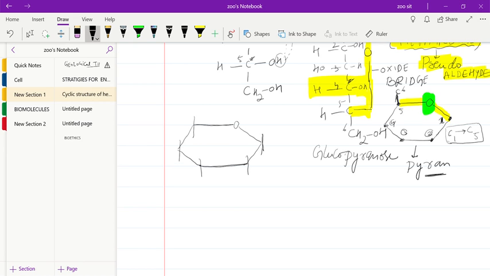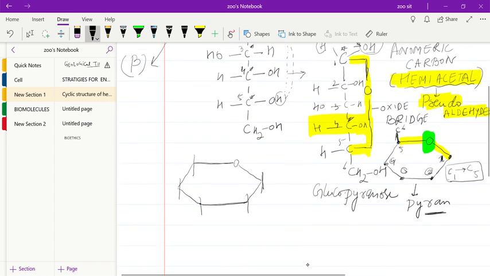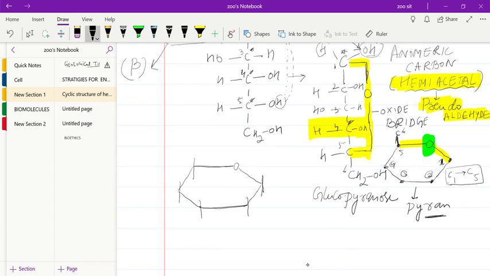So now you have to follow a rule here. Those groups which are present here, I'll just mark them with green. OH is present on the inner side of the ring, H on the inner side of the ring. So when you make a pyranose-like structure, you will follow an invert rule. The groups will go here, and those groups which are present here will go here.